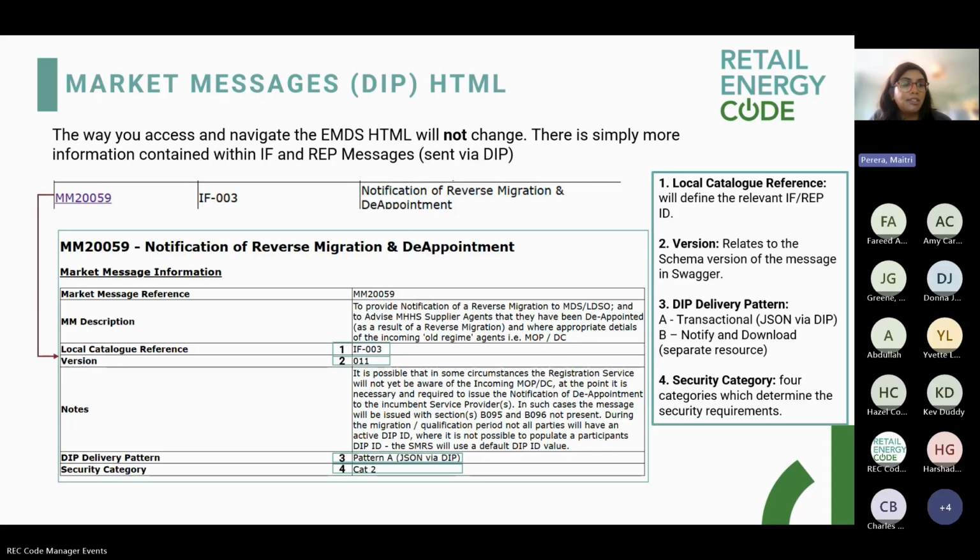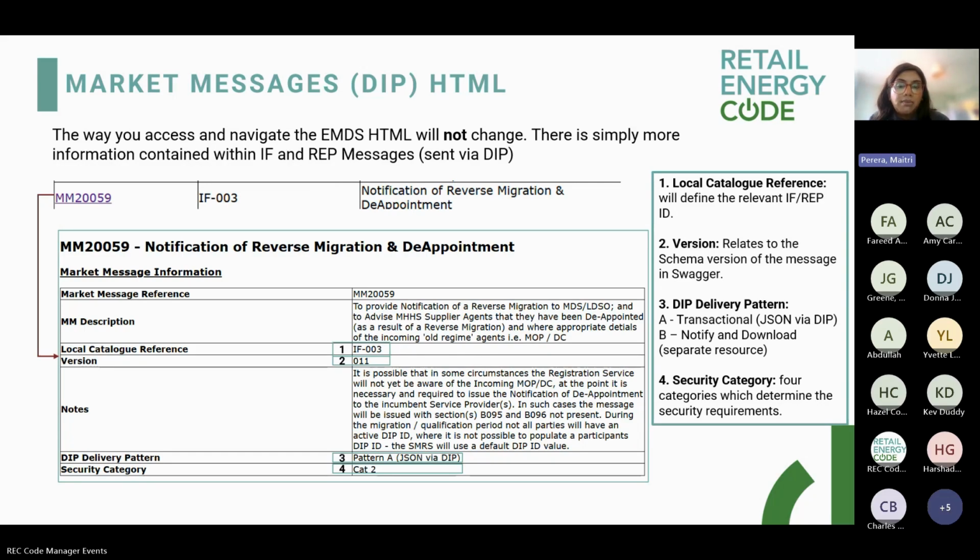And some of the key elements that you can see here are the local catalog reference, which defines the relevant IF or REP ID. And I guess you can't see me pointing on the screen, but you can see the local catalog reference there. And below that, you can see the version, which relates to the schema version of the message in Swagger.